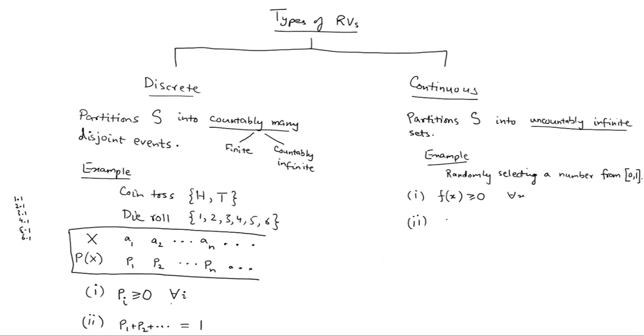And with discrete random variables, you could sum up the probabilities because you had countably many subsets, so you could sum each of those probabilities. But when you have uncountably infinite values, you cannot sum, but you can integrate.